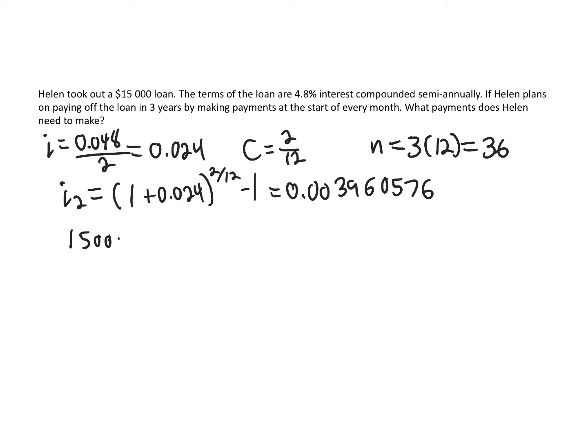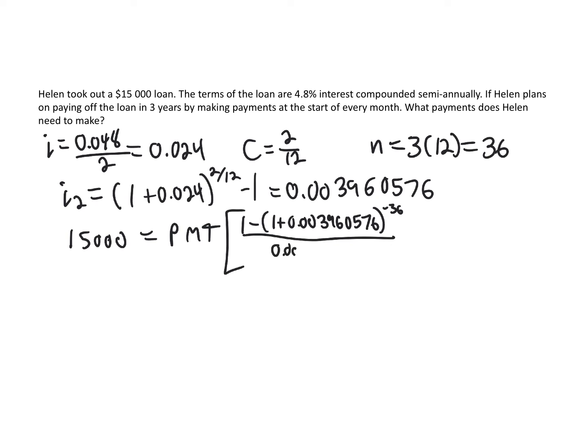Now we have 15,000 equals payment to the negative 36. Now, there's a couple steps you can do here.